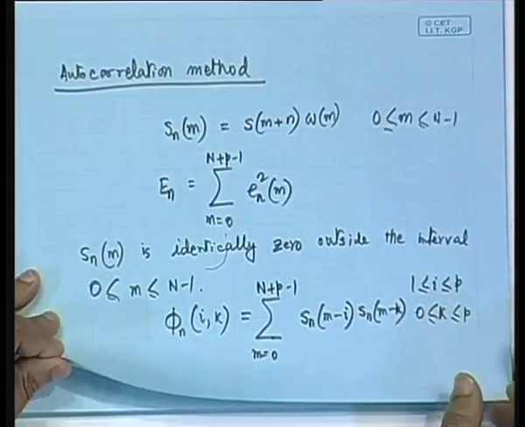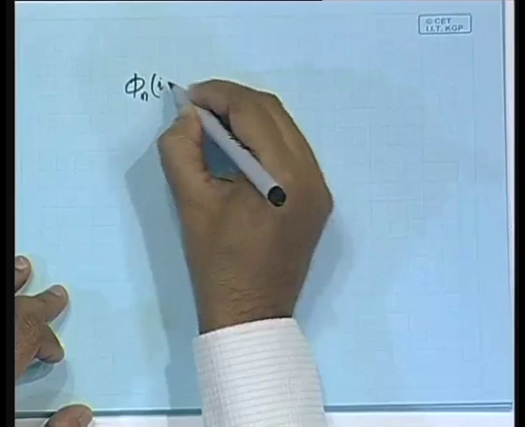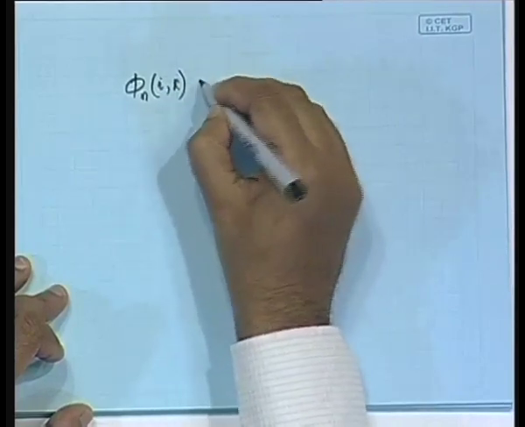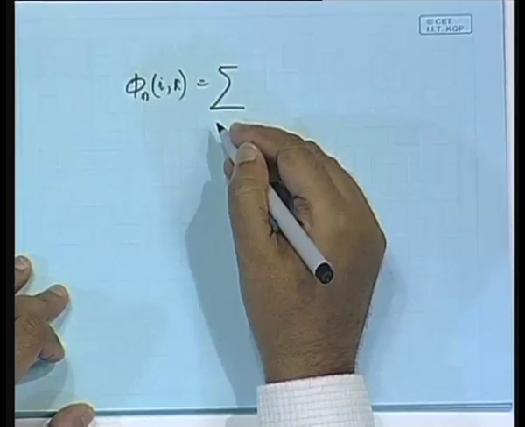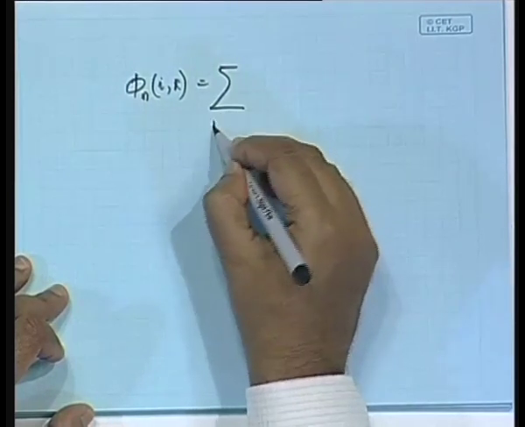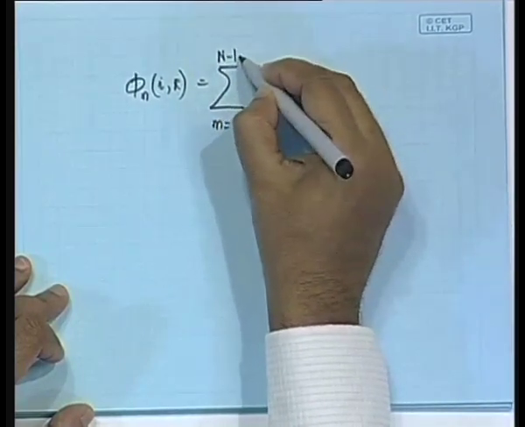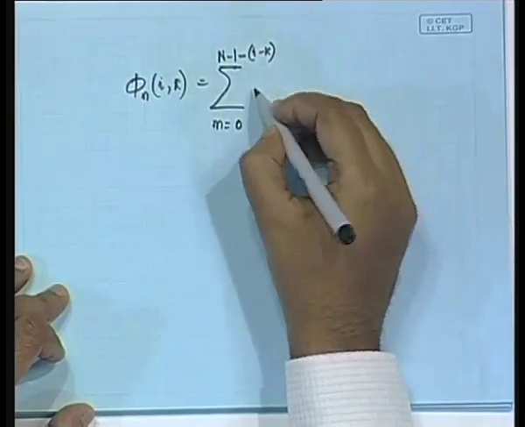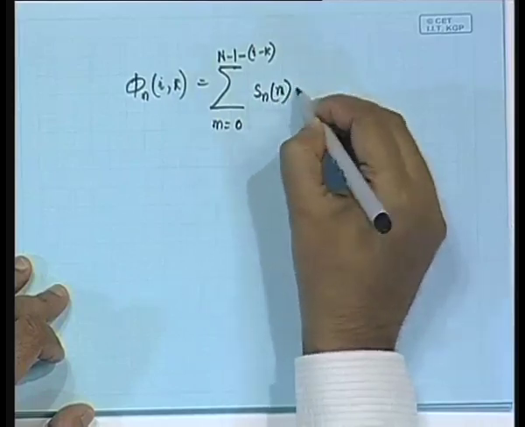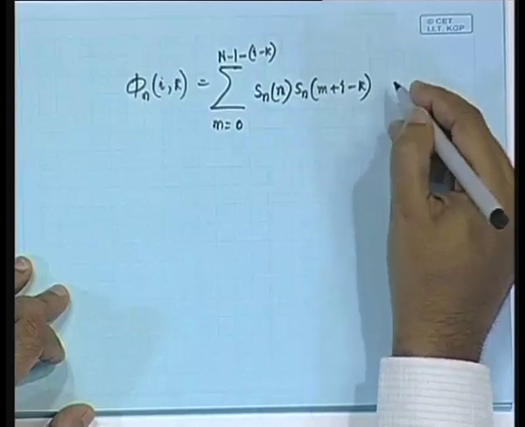By substitution we can express phi_n(i,k) as the summation of m equal to 0 to N minus 1 minus (i minus k) of S_n[m] into S_n[m plus i minus k], okay.